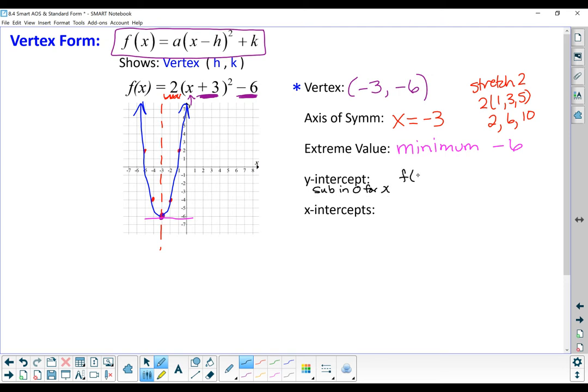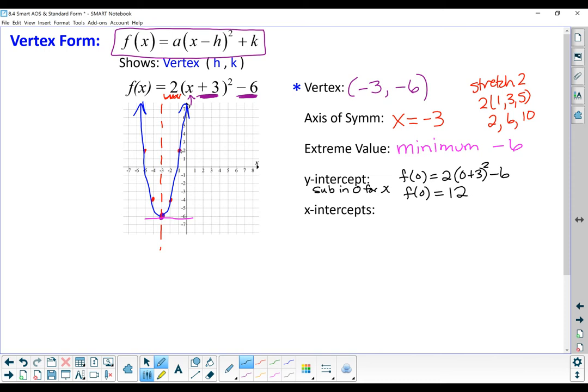So f of 0 is 2 times (0 plus 3) squared minus 6. And you can calculate that in your calculator if you want, or if you like to do these sort of calculations in your head, you can. So our y-intercept would be 2 times 9 is 18, minus 6 is 12.